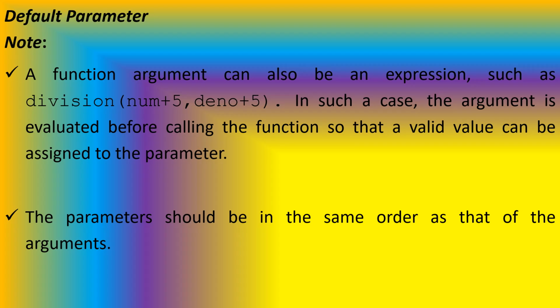Since we have considered num value as 2 and deno value as 3, 2 plus 5 will be 7 and 3 plus 5 will be 8. Therefore it will be passing 7 and 8 as arguments before calling the function division. The parameters should be in the same order as that of the arguments.